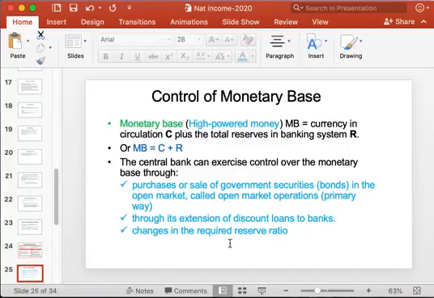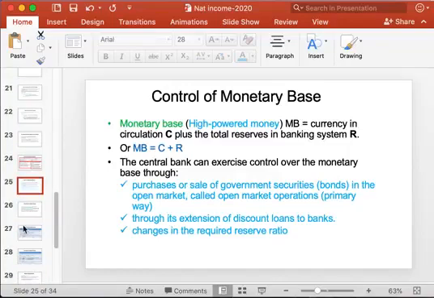Government also can change the money supply through changes in what is called required reserve ratio, which you can see in the later slides.